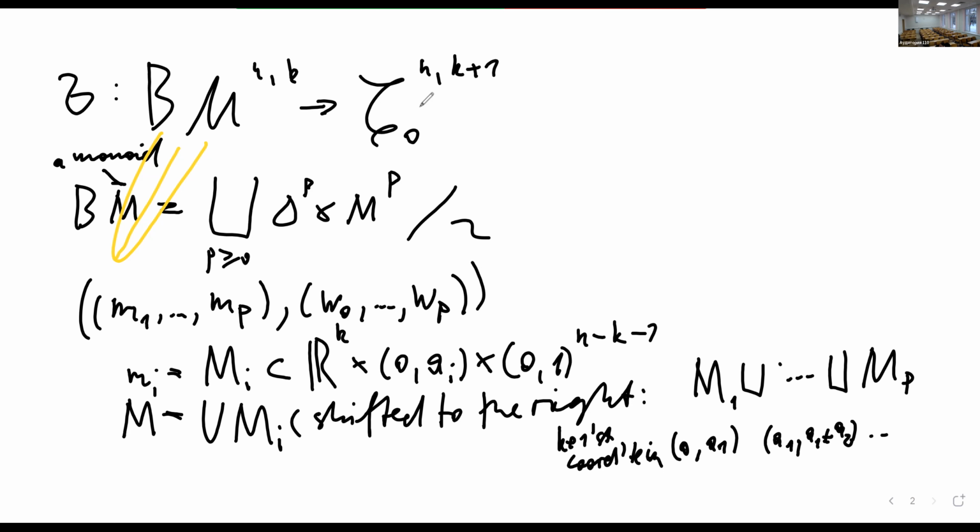And second of all, the result is continuous on each product, but it doesn't give one a continuous map from the quotient space, because there are several identifications.